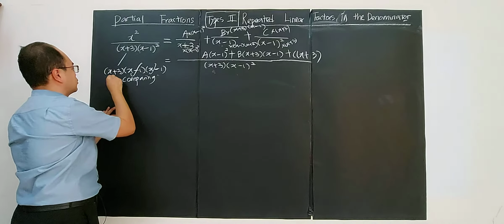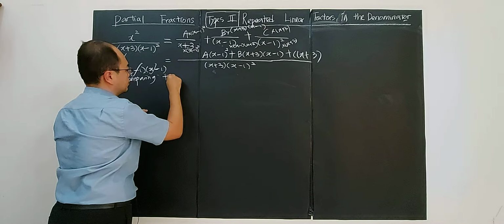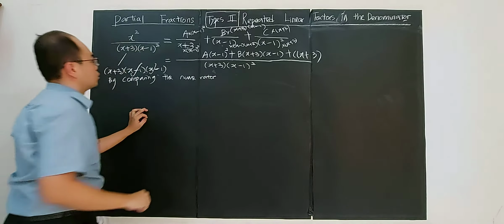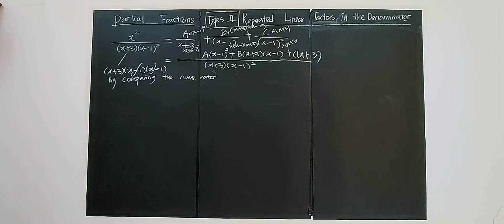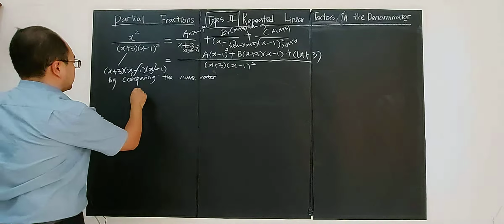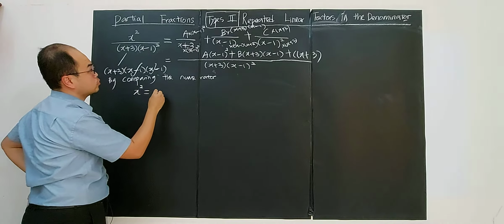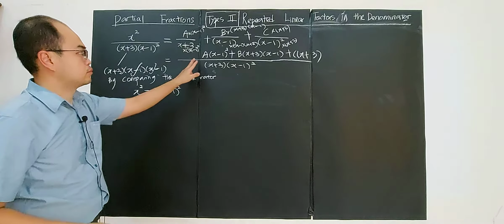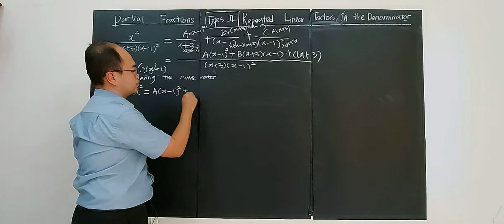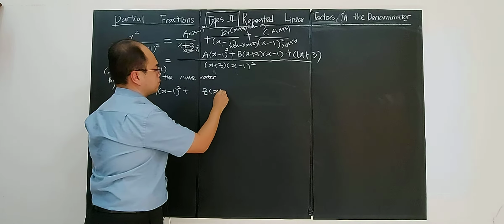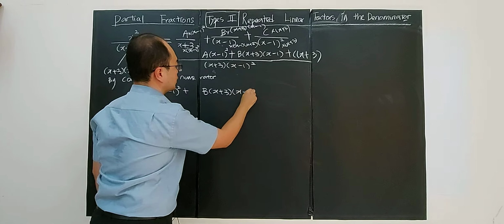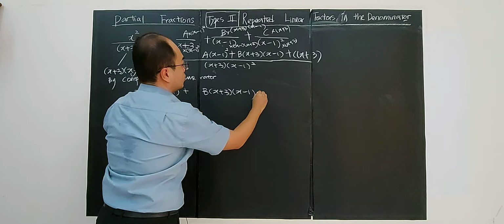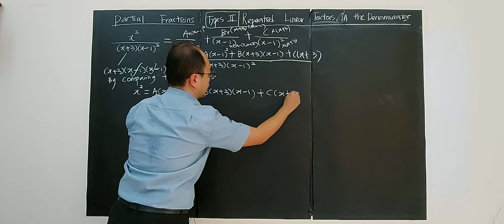By comparing the numerators, you will have x squared equals A times x minus 1 to the power of 2, plus B times x plus 3 times x minus 1, plus C times x plus 3.